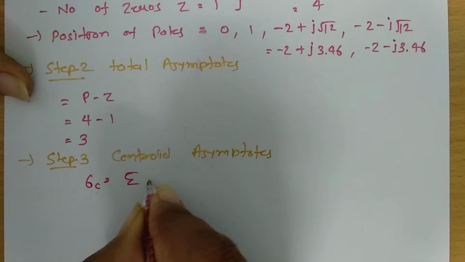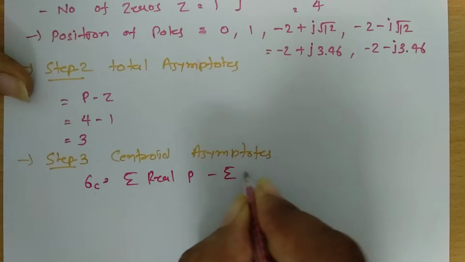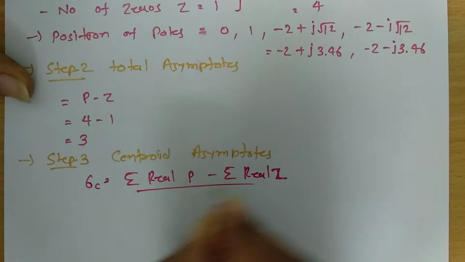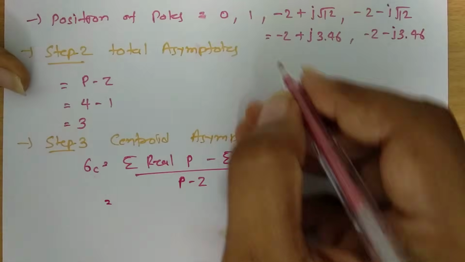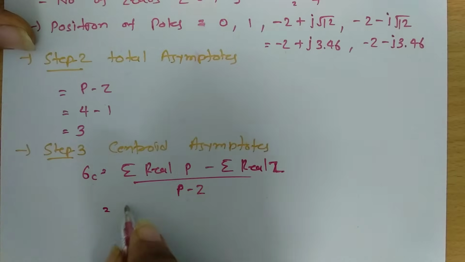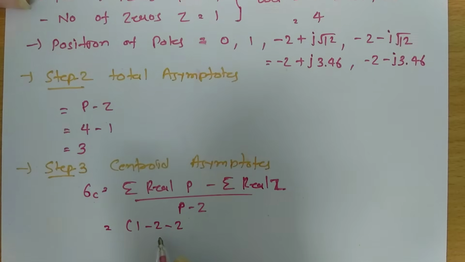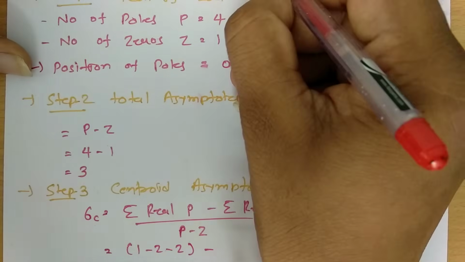Sigma c is the summation of the real parts of the poles minus the summation of the real parts of the zeros, divided by poles minus zeros. So here the real parts of the poles are 1 minus 2, and the real part of the zero is at minus 1.